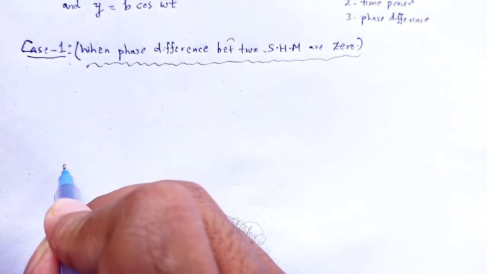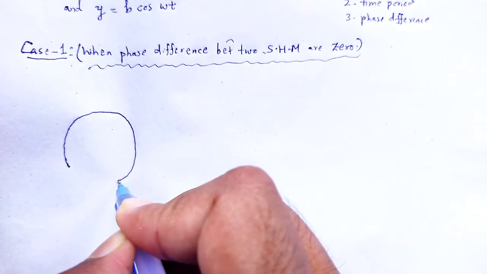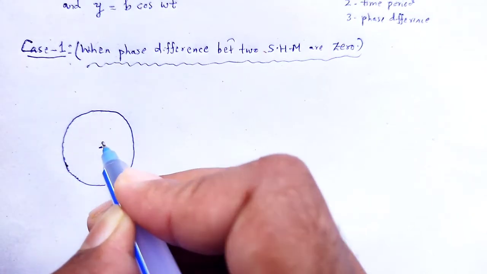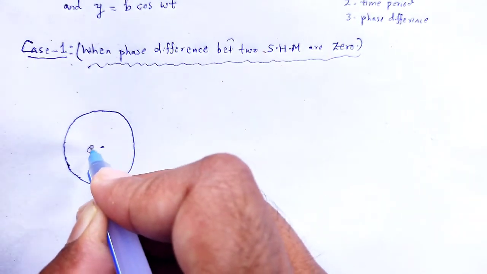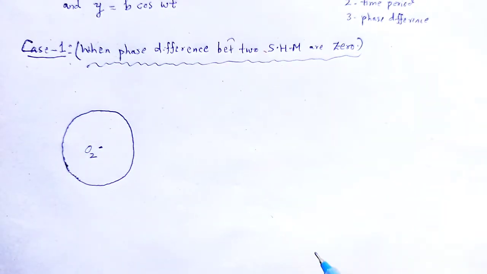We take a circle having radius b and center at O2, for particle P2.